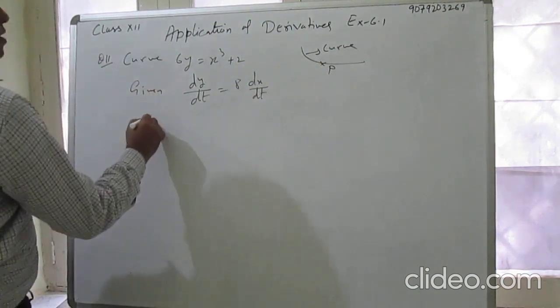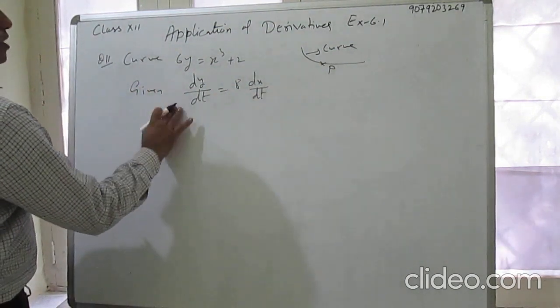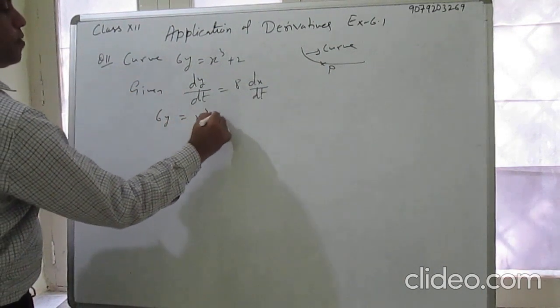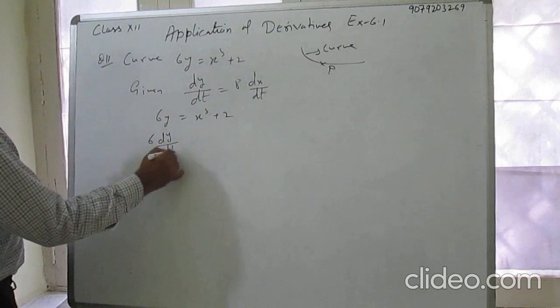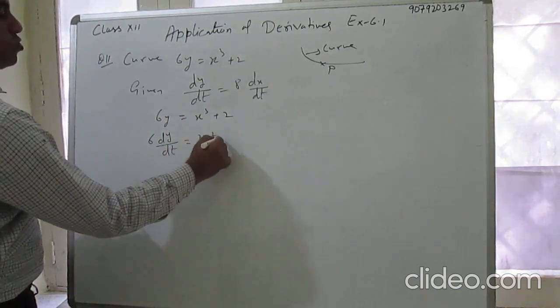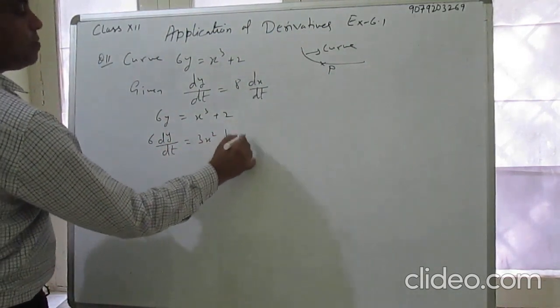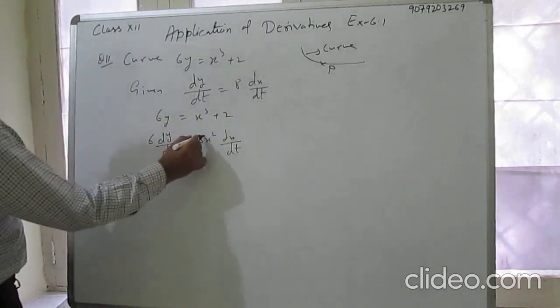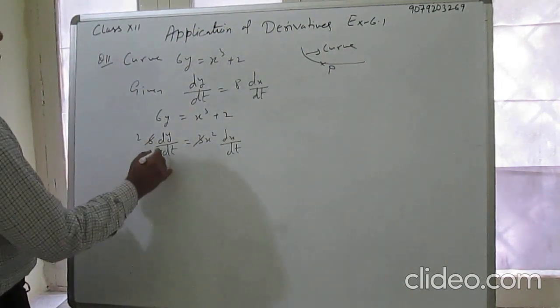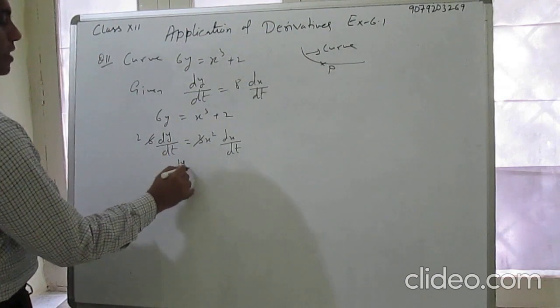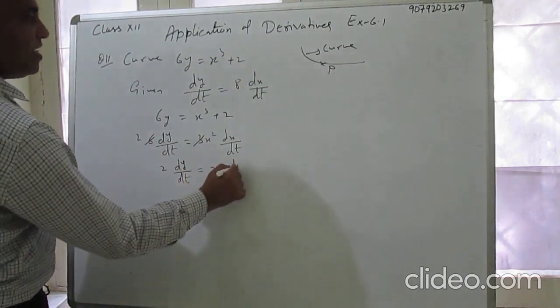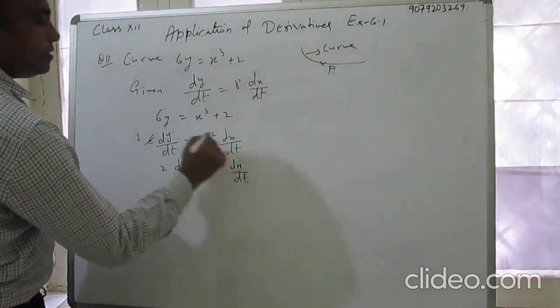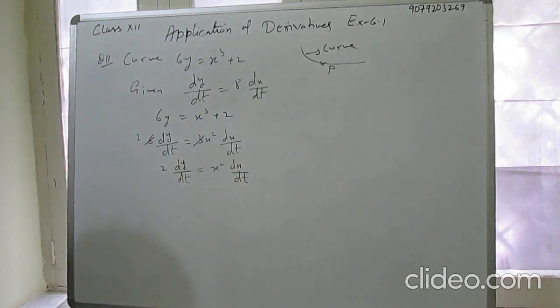Now 6y is equal to x cube plus 2. Differentiate with respect to t. 6 dy/dt is equal to 3x square dx/dt plus the derivative of 2, which will be 0. This will cut, so 2 dy/dt is equal to x square dx/dt.